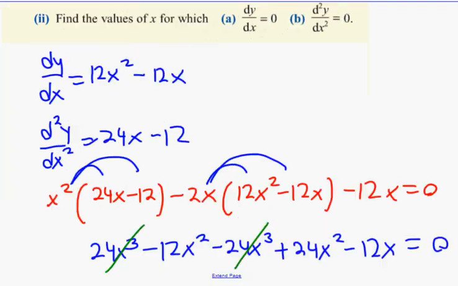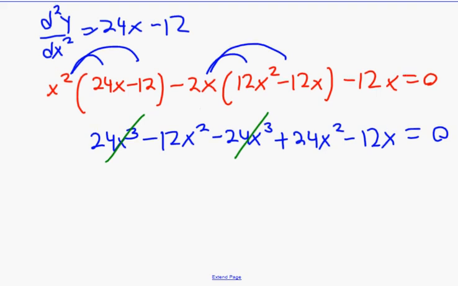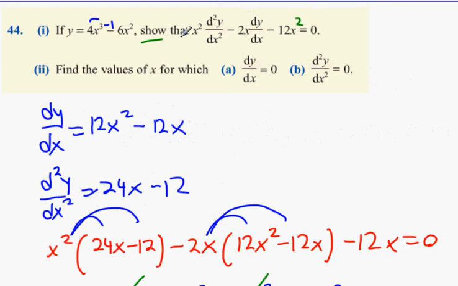It doesn't equal 0 at the moment because 24x squared minus 12x squared doesn't cancel. And the reason why I know is, it's a show that question. If it said investigate if, what would I say? Yeah, but it says show that.